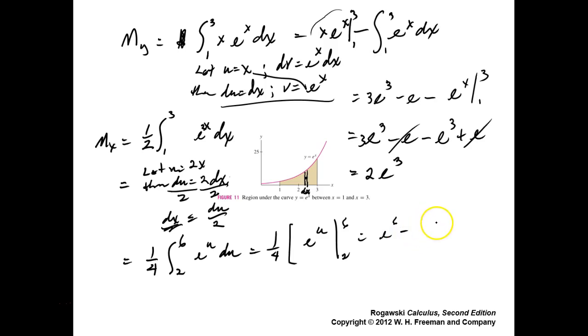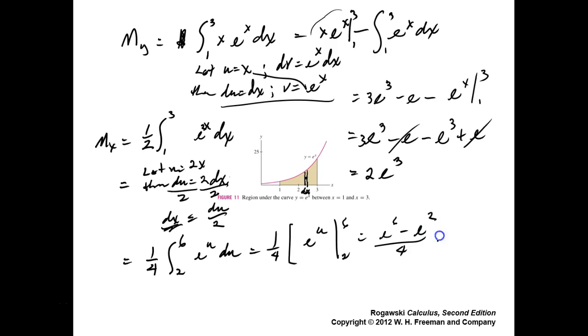E to the 6 minus e to the 2, over 4. So that's your m sub x. Got one more to do. I don't know if you want to do this or not.